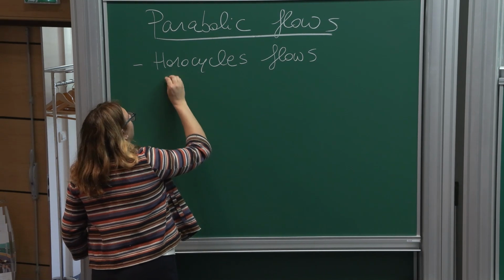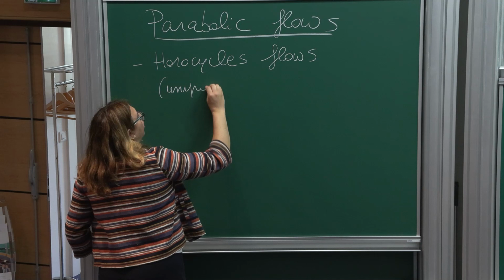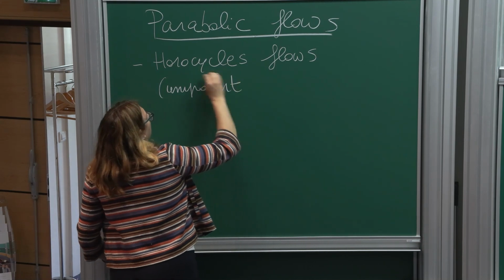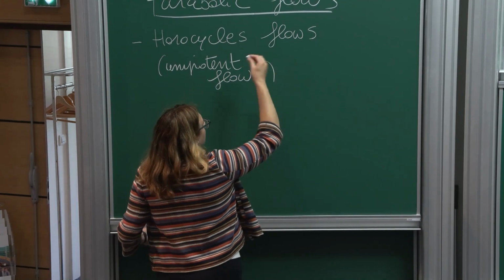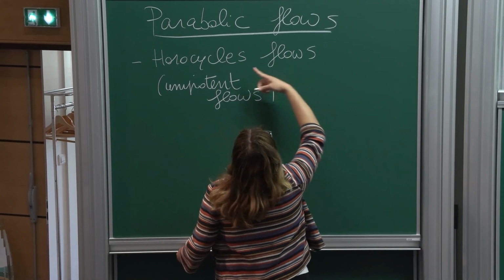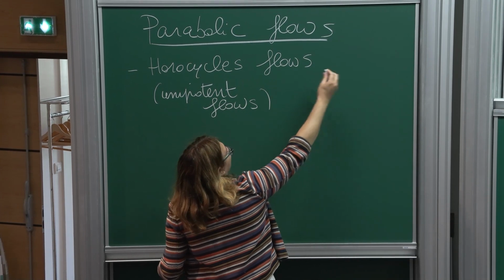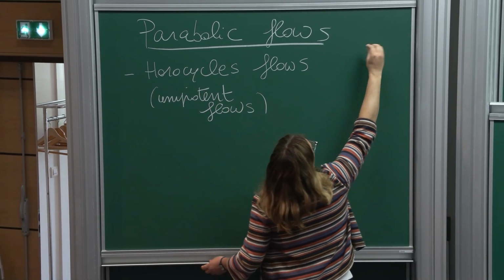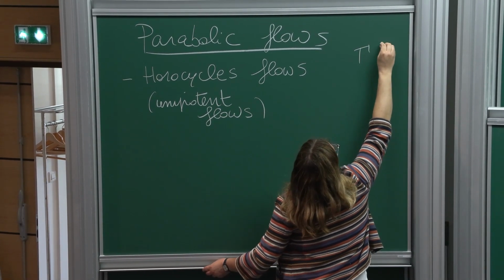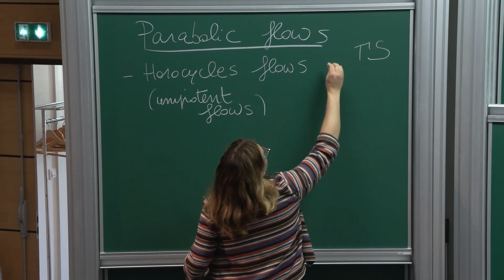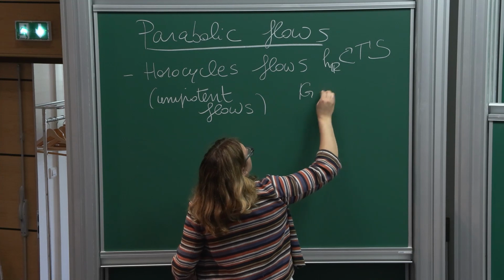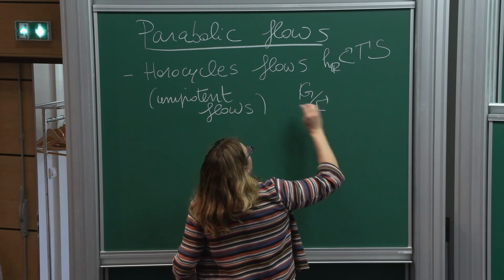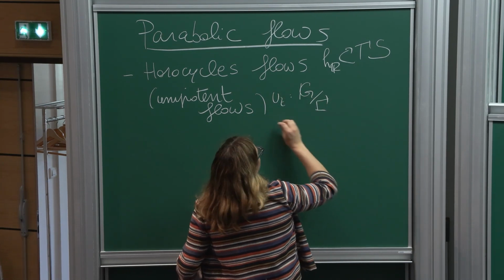And more in general, you could look at unipotent flows, which generalize this example to Lie groups. So this is on the unit tangent bundle of a hyperbolic surface, and this is on some G mod gamma, and their time changes.